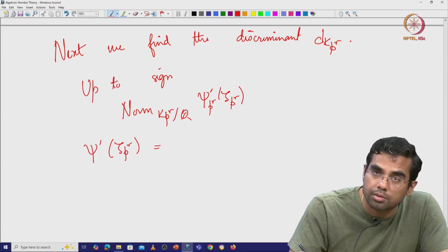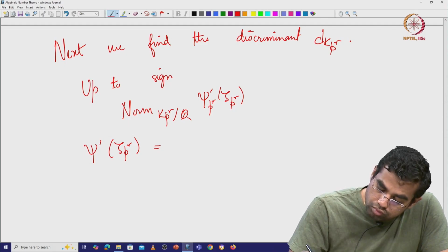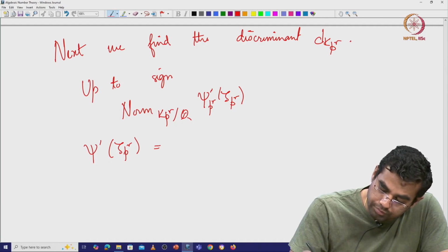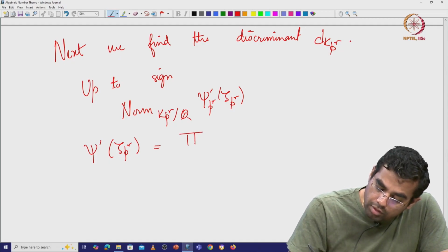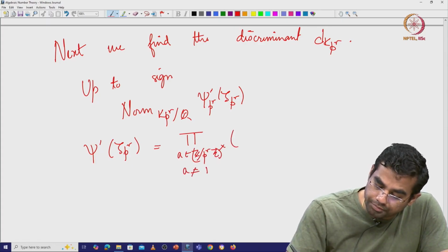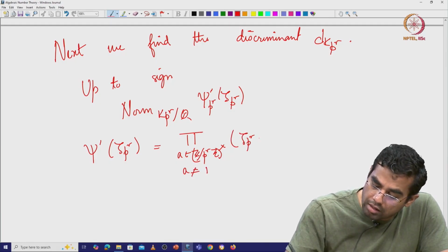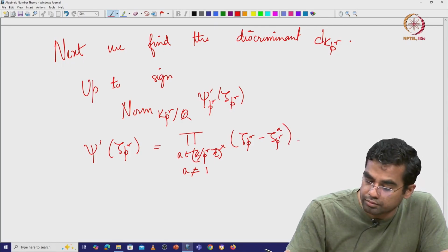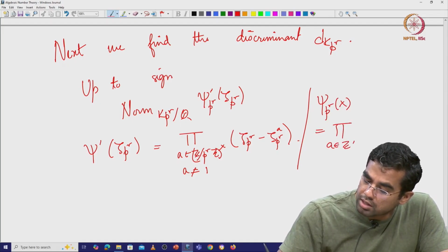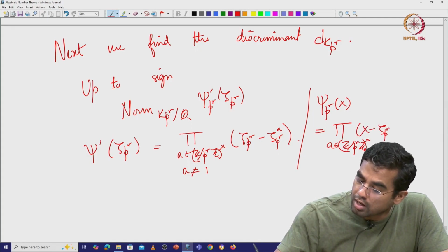One way to write this would be the product over all a in (Z mod p to the r Z) cross, a not equal to 1, of zeta p to the r minus zeta p to the r to the a, because remember psi p to the r of x is the product over a in (Z mod p to the r Z) cross of x minus zeta p to the r to the a.